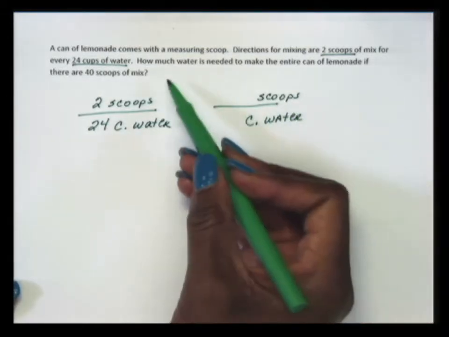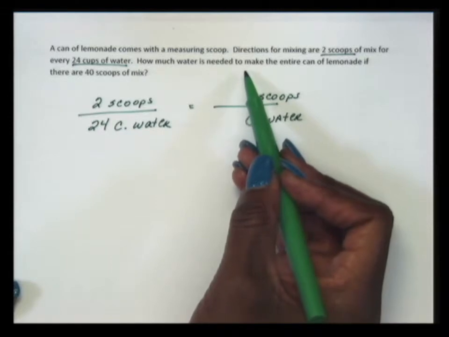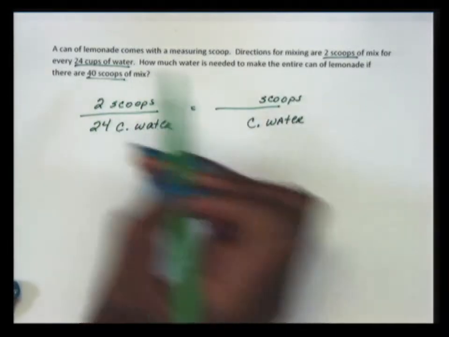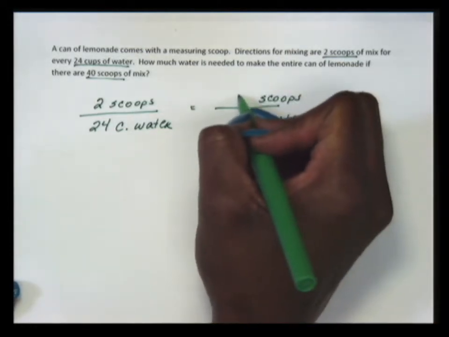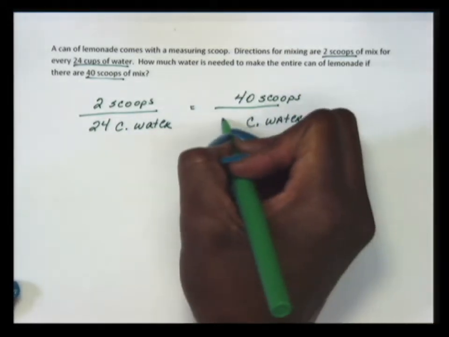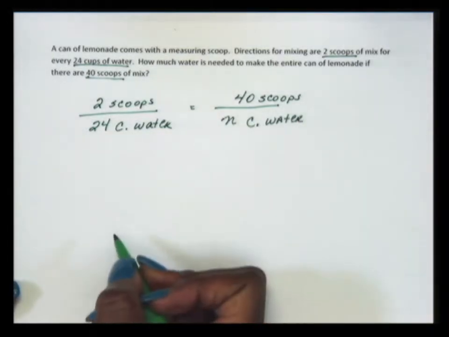So when the question is how much water is needed to make an entire can of lemonade if there are 40 scoops of mix, we'll have 40 in our numerator on the right. Our n will be used for the unknown value.